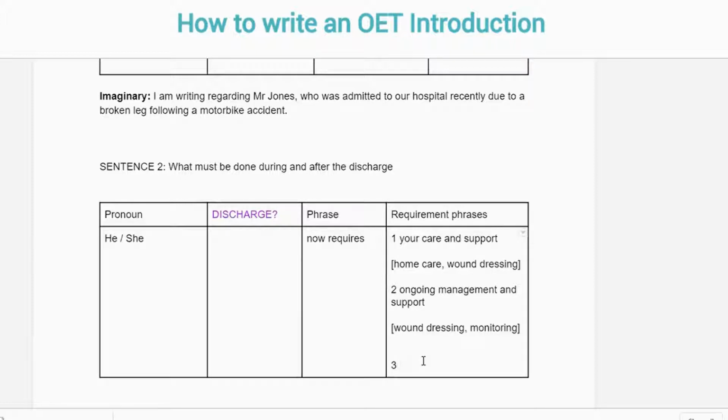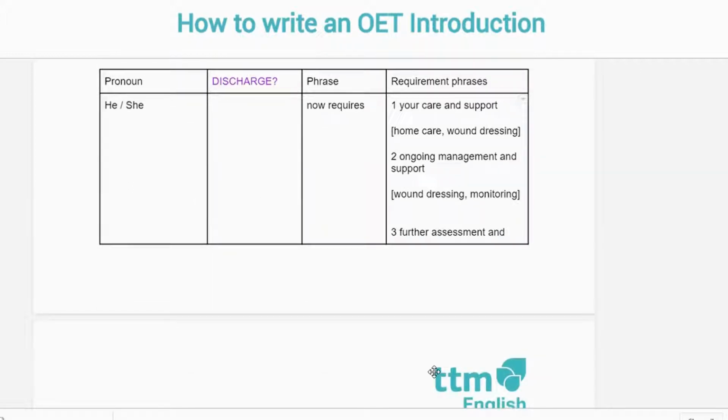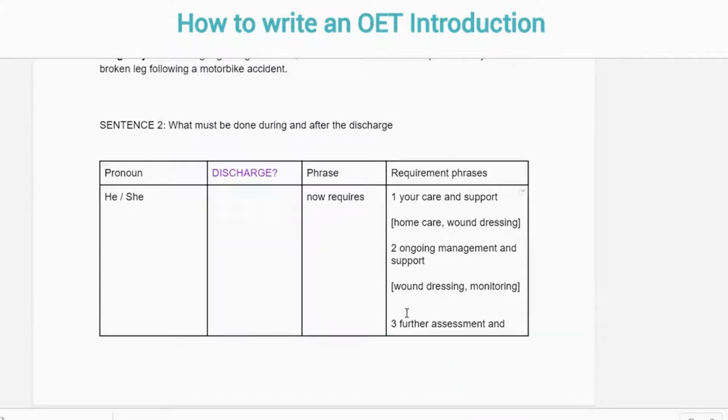Imagine it's a referral letter and we don't want care. Further assessment. Yeah, good. Further assessment and management, or it could just be further assessment. Good. So I'm just going to leave this blank. Excellent. So we're starting to get the idea. I'm just going to give you 3 today, but you could imagine there's probably more phrases.